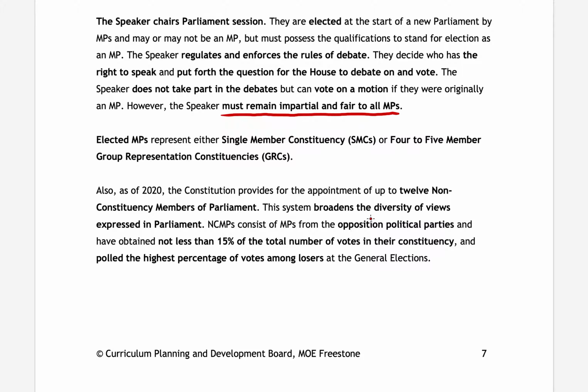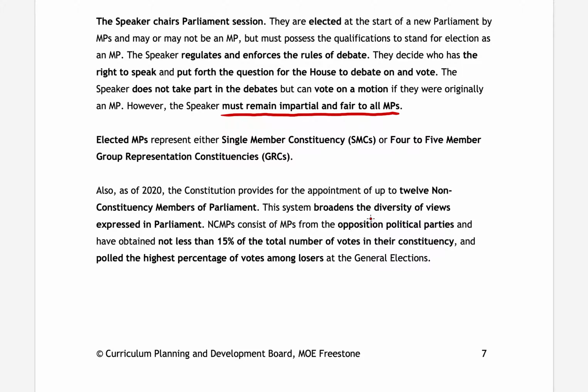However, Singapore has a very interesting system where we appoint NCMPs, Non-Constituency Members of Parliament. As of 2020, I know your textbook says something else, but as of 2020, the Constitution says there are 12 NCMPs. NCMPs are sometimes called the best losers.